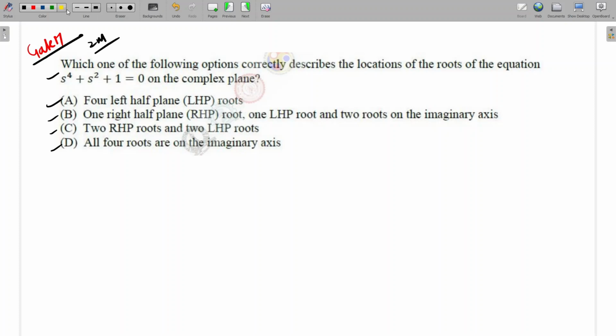So step 1: s to the power 4 plus 0 s cube plus 1 s square plus 0 s plus 1. Correct only this equation?